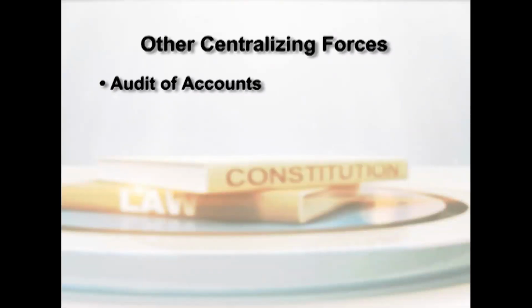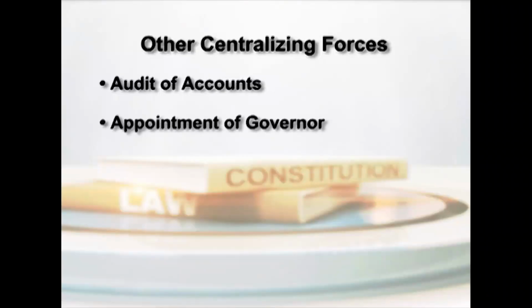There are certain other centralizing forces. Audit of the accounts of both the center and the states is carried on by the Comptroller and Auditor General. So, the center has its dominance over state financial transactions. A governor is appointed in a state by the president. Again, the so-called non-political president. The governor acts as the agent.